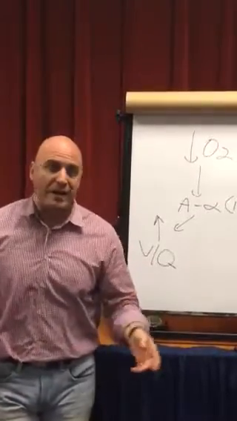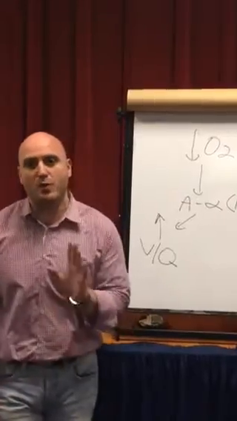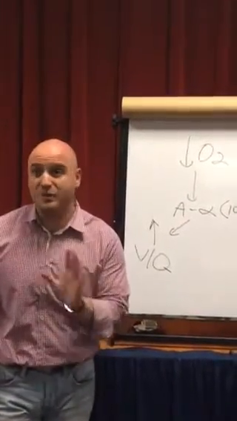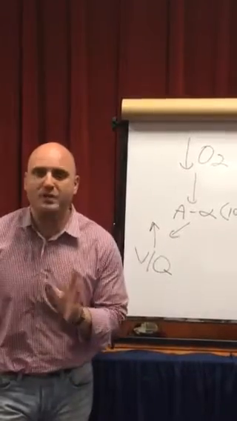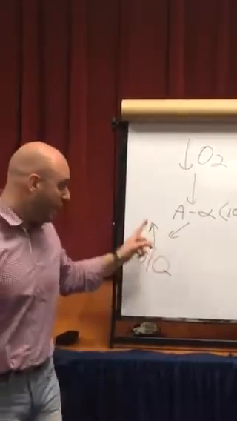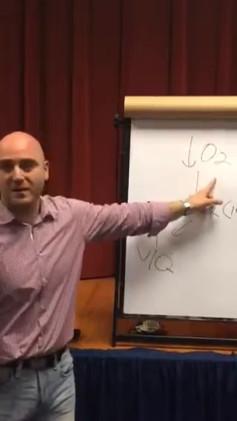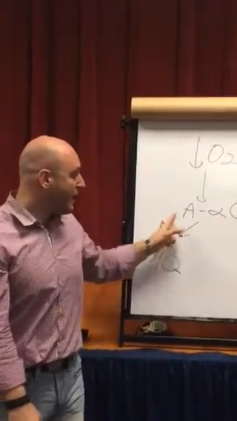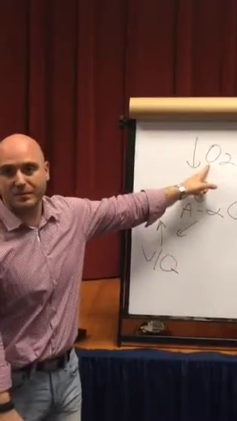It always wants to maintain the VQ ratio around 1. If the VQ ratio is not around 1, then you have what's called a mismatch, which leads to an AA gradient, which leads to hypoxia. So VQ mismatch leads to an elevated AA gradient, which leads to hypoxia.